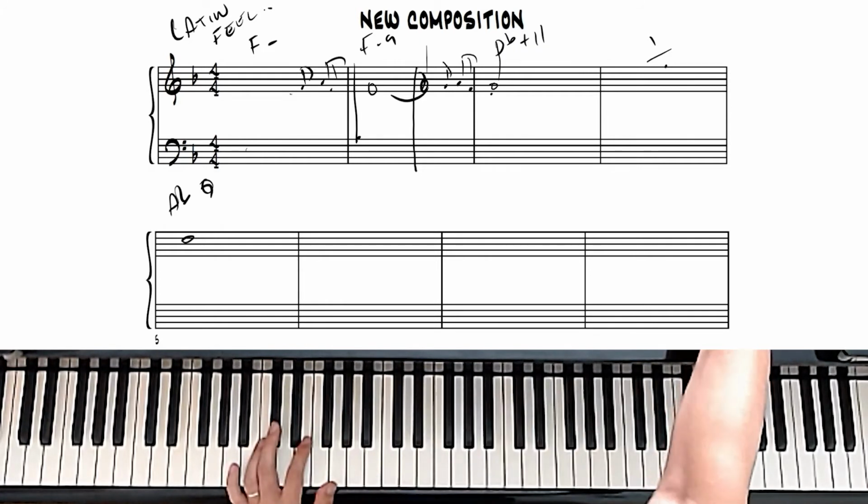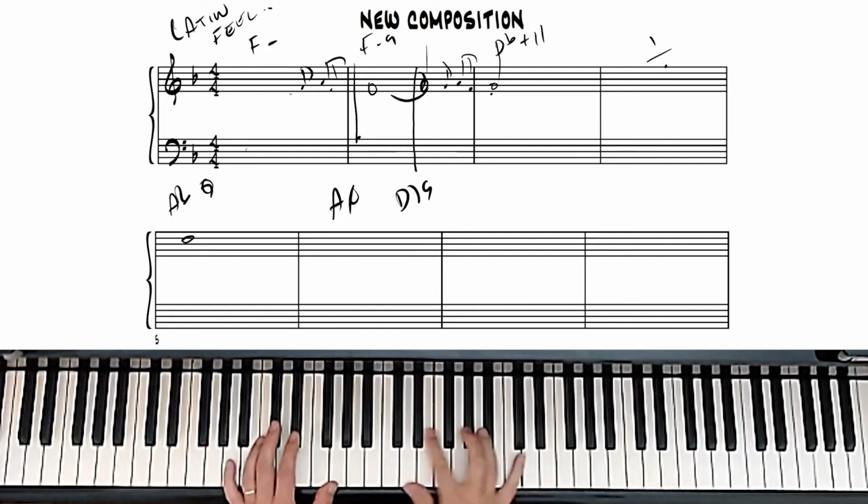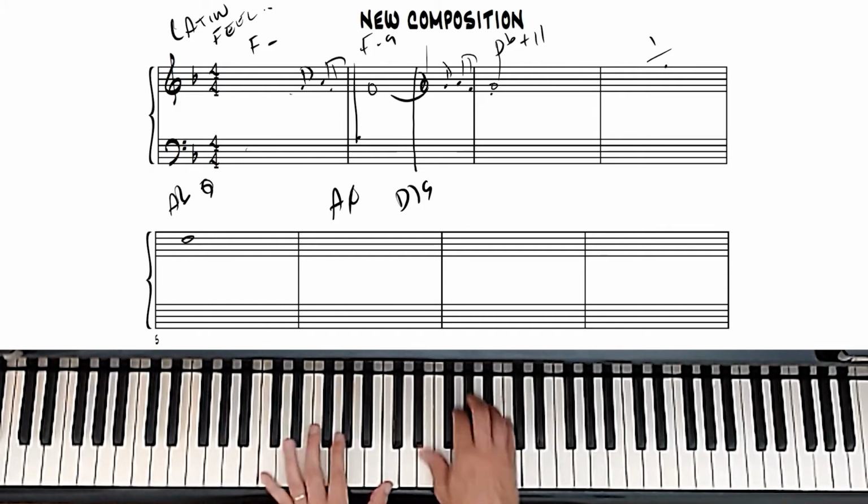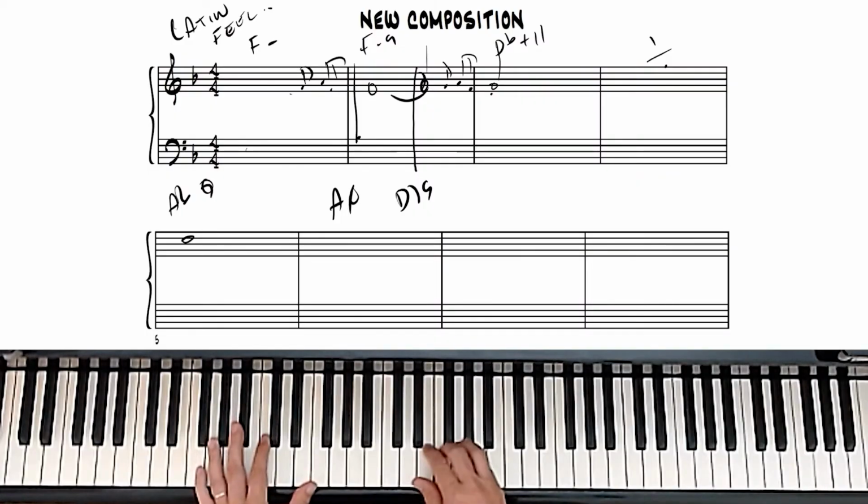And then a 2-5. And again, I'm always thinking 2-5 progressions. So again, you have to play things over and over again until they start to make good melody.